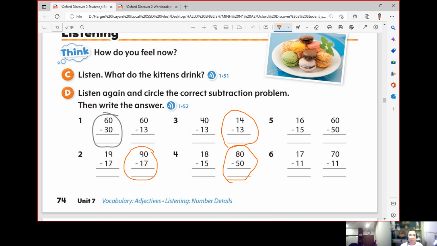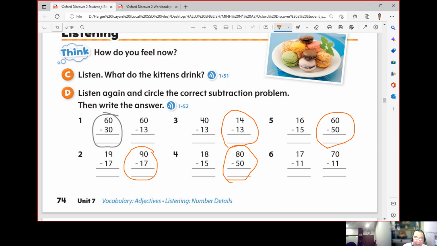There were 60 clean pots in the restaurant. The cook used 50 pots. How many clean pots are there now? So what's the correct subtraction problem? 60 minus 50. Okay.